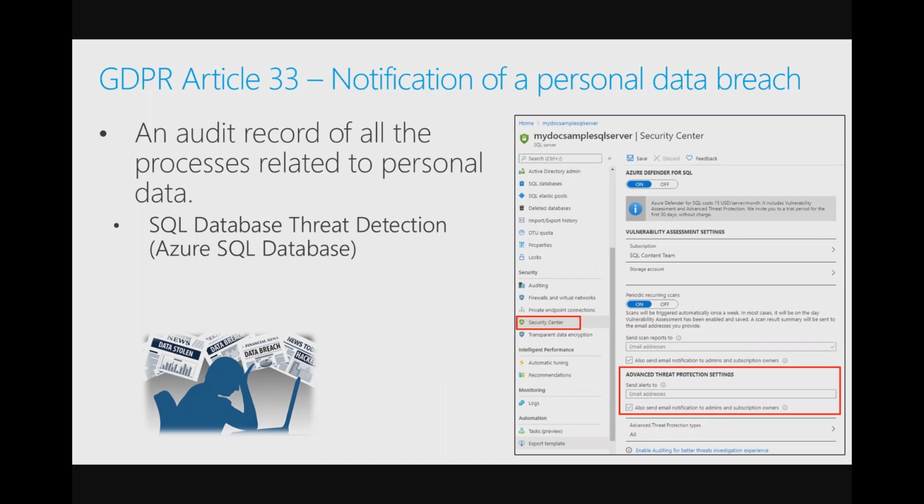So it can be created manually in the application, but on Azure there is threat detection that can be used to notify, let's say, a large number of users or administration staff, to help you start the investigation and mitigation process. So this notification part of the personal data breach is not perfect in SQL Server, but this feature can be your starting point to get notified if something goes wrong.